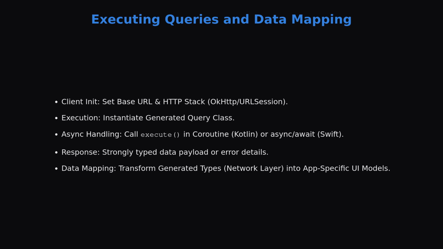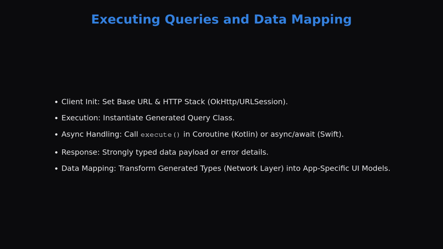Once generated, instantiate the corresponding query class. Execution is performed using the execute method, which must be handled asynchronously, usually within a Kotlin coroutine or using Swift's async await pattern. The resulting response object is strongly typed and contains the data payload or detailed error information.